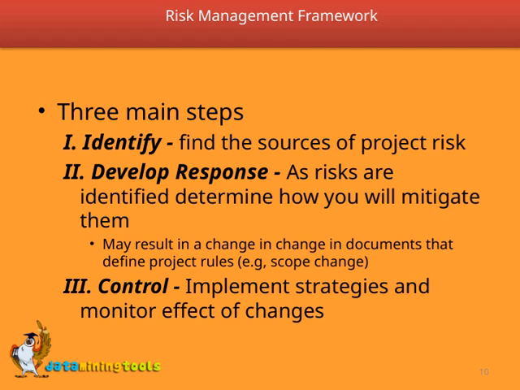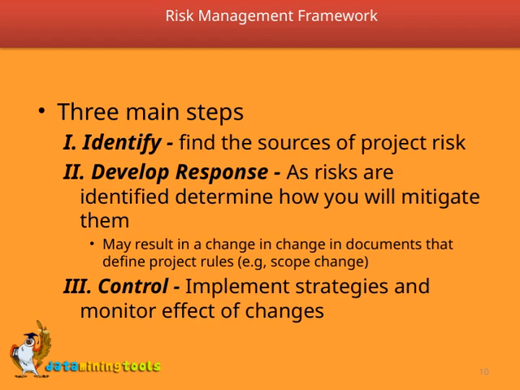Next, develop response. Once we've identified the risks, we need to determine how to mitigate them. This might involve changing some project documents, like the scope or schedules, to better address these risks. It's an important step because it allows us to adapt proactively rather than reactively. Finally, we have control. This means implementing the strategies we've developed and continuously monitoring their effects.